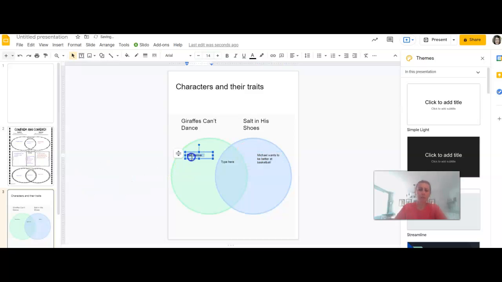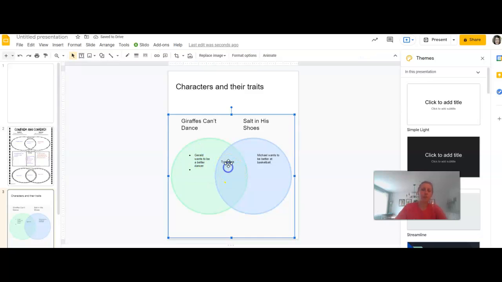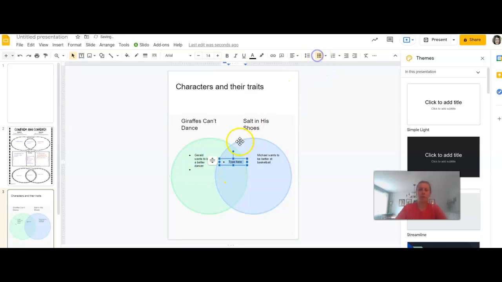Could we say that Gerald wants to be a better dancer? Okay. What are some other things we know about them? I would say they're both determined, right? They both don't give up easily. That's kind of what determined means, right?